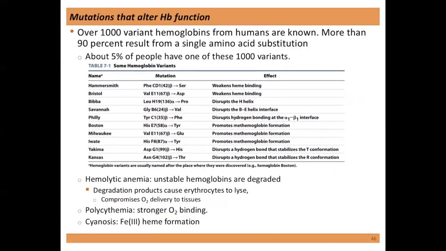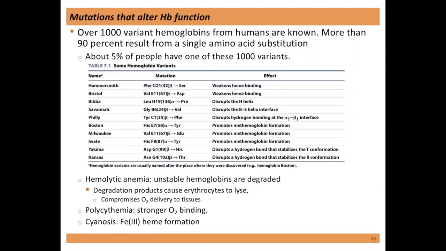Okay, so a little other side note is there's over 1,000 variants of hemoglobins from humans that we know. So from human to human, there might be a slight variation between you and your neighbor's hemoglobin. And more than 90% of these variations just result from a single amino acid substitution. So about 5% of the people have one of these 1,000 variants.